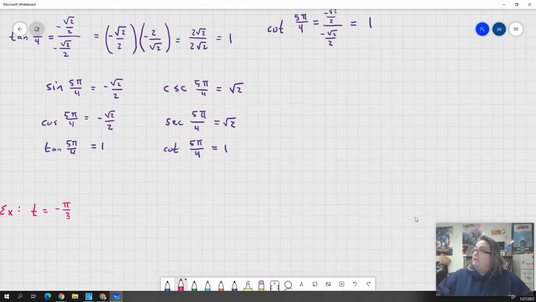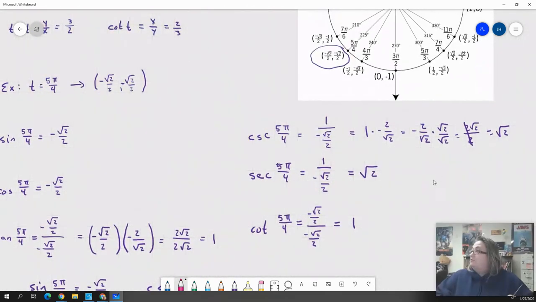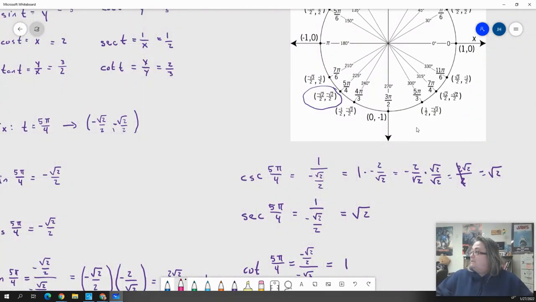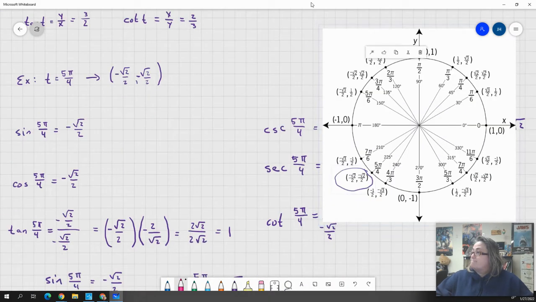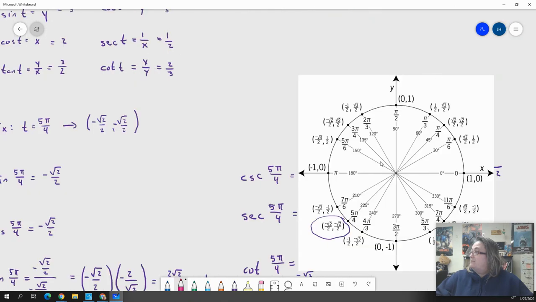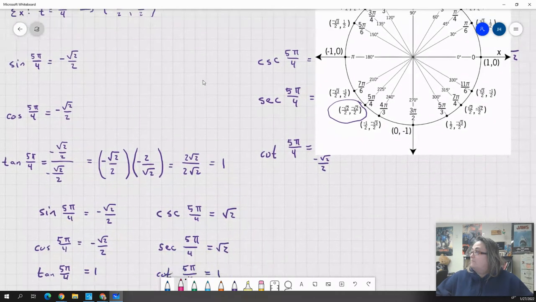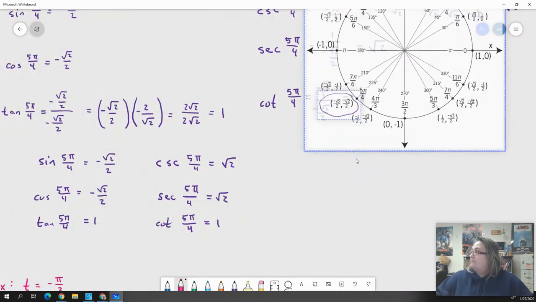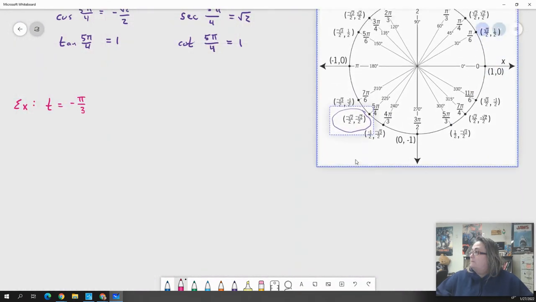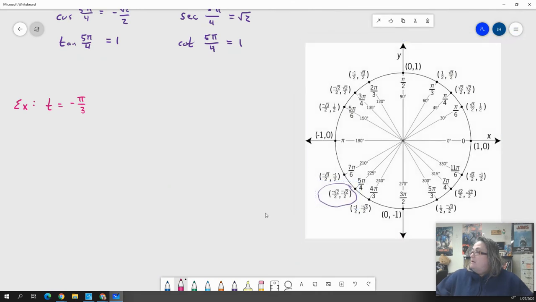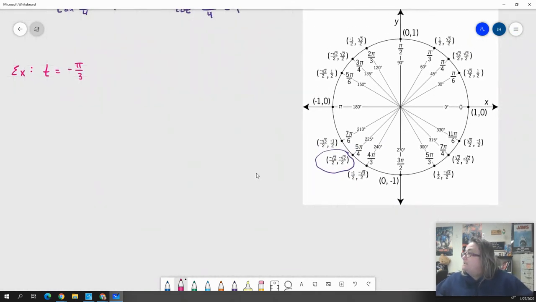So if we look at our unit circle, let's bring it down to where we are. So notice that pi over 3 is 60 degrees in this direction, right?